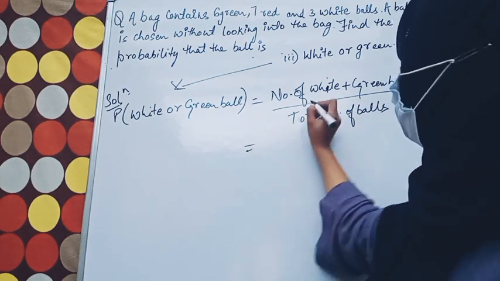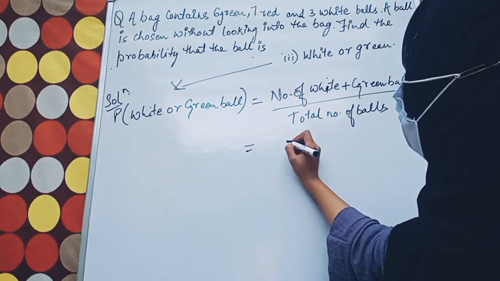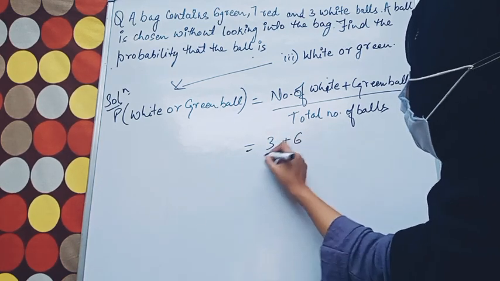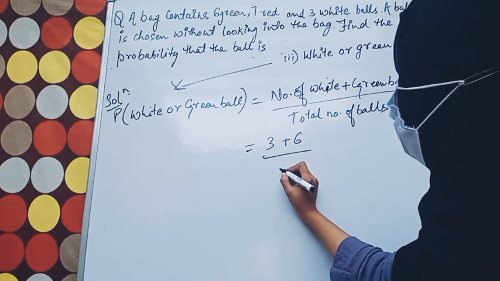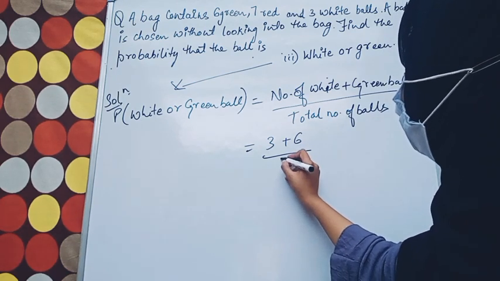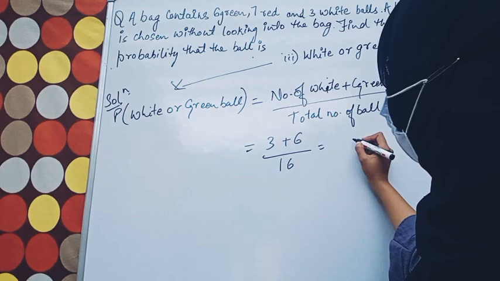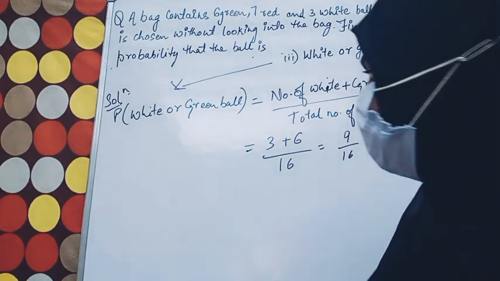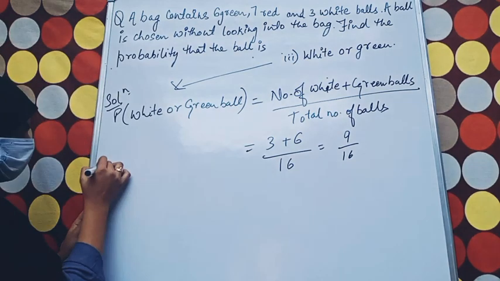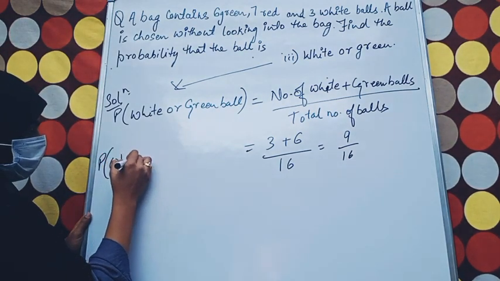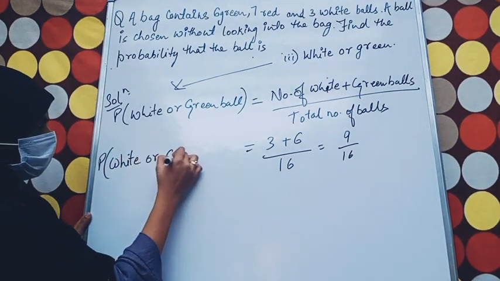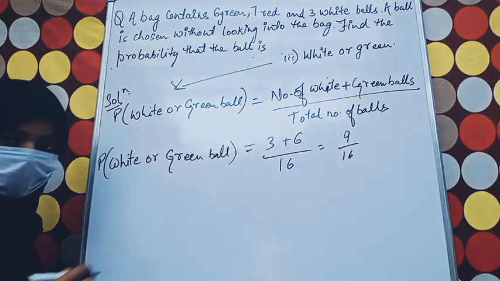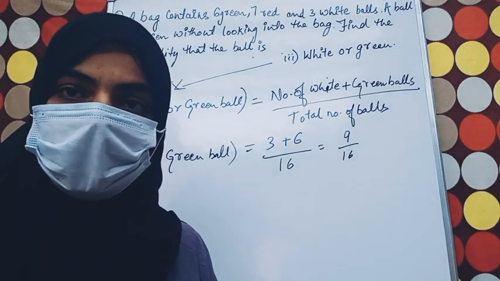White is 3 and green is 6, upon 16. It will become 9 upon 16, the probability for a white or green ball. So this was the very first question for the ball topic.